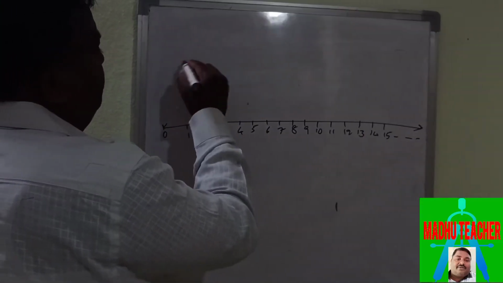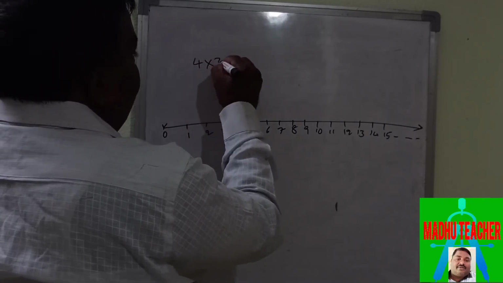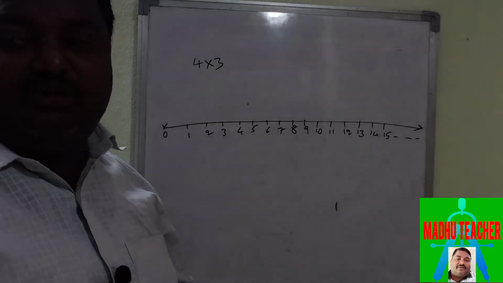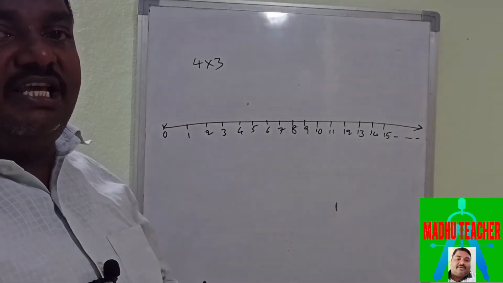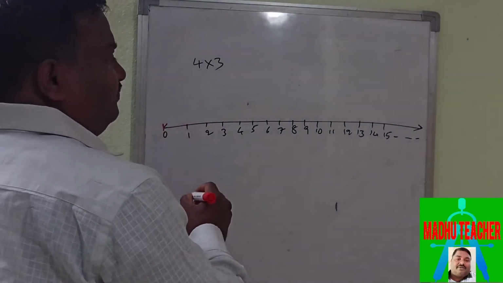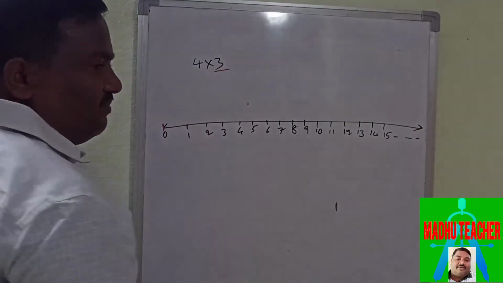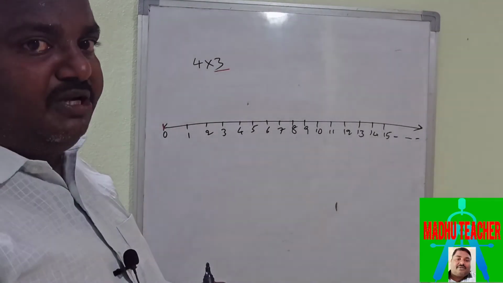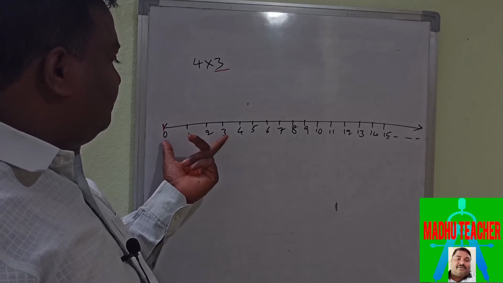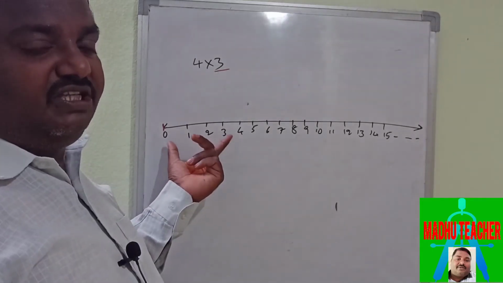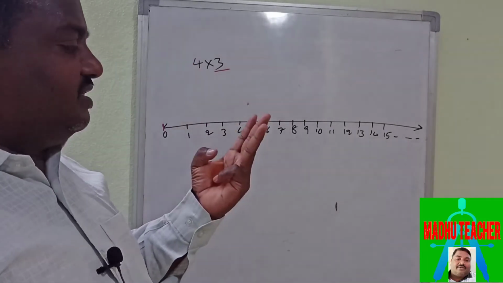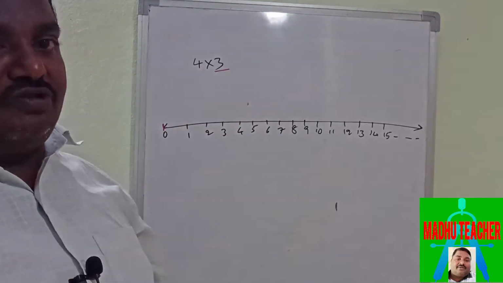Suppose taking 4 into 3. Start from 0. Move 3 units to the right each time. That means our jumping distance each time is 3 units, making 4 such moves.